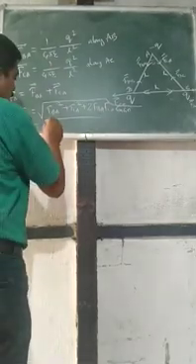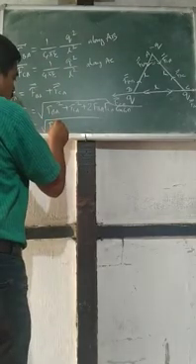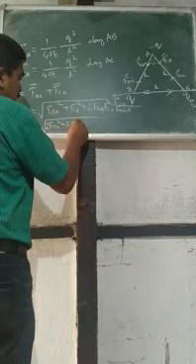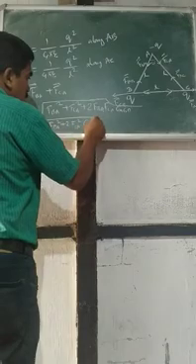So we can write F_BA square plus F_BA square plus 2 F_BA square cos 60.